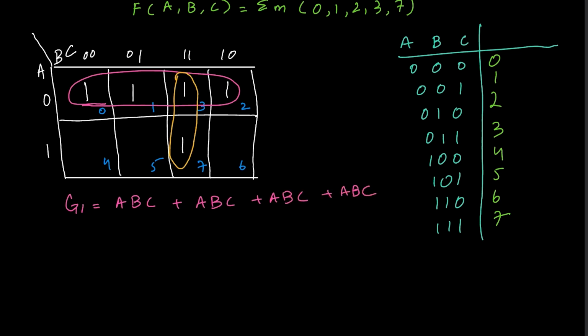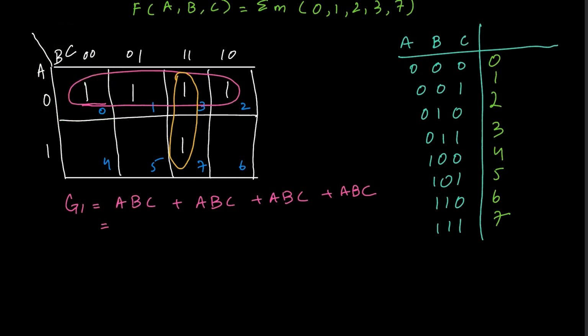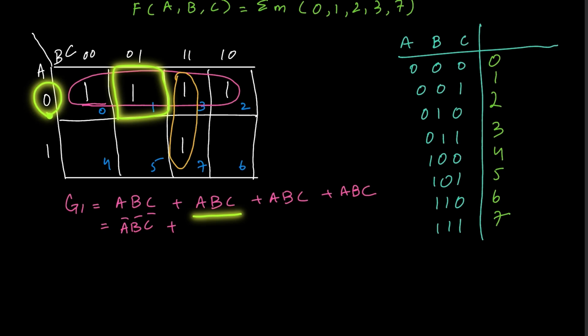After writing A, B, C four times, we will now have to find out where there is a 0 and 1 from A and B. In the first box, all A, B, C are zeros, so it will be written as A bar, B bar, C bar. In the second cell, A again is 0, so A bar, B is 0, B bar, and C is 1. There will be no bar on C.